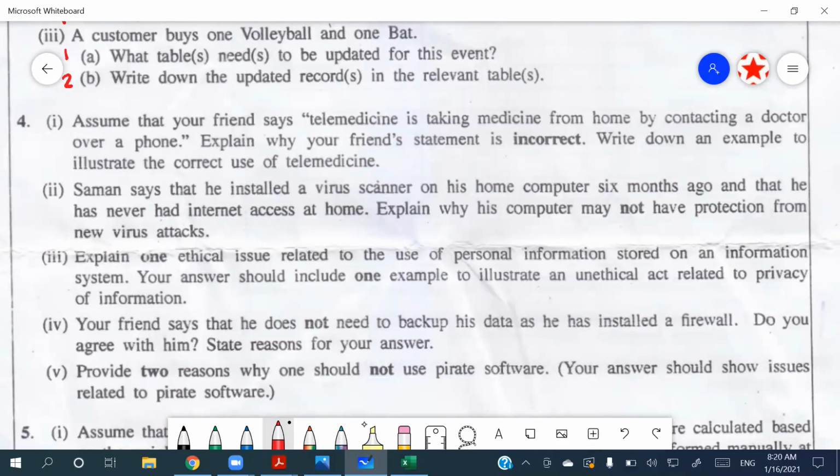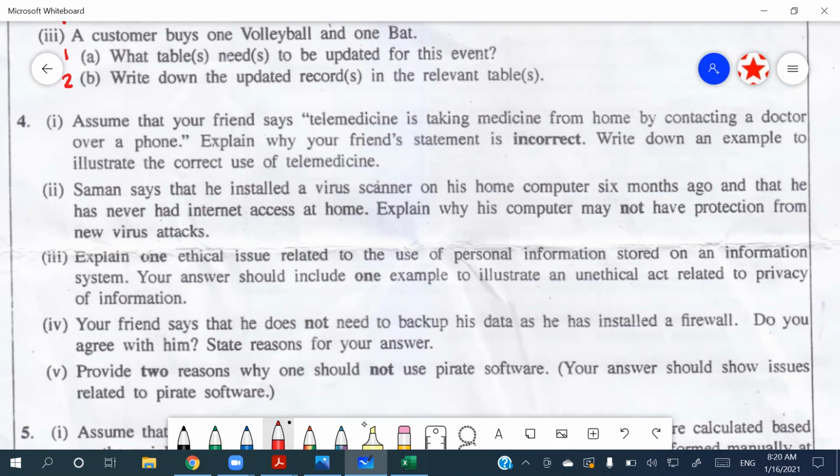It can suffer natural disasters, or the hardware's life may be over and you get stuck with hardware failure. In that case, the firewall won't protect your data from these particular things, so you may need a backup.